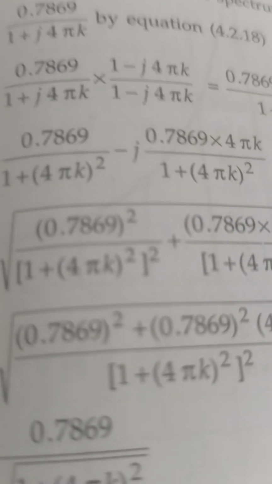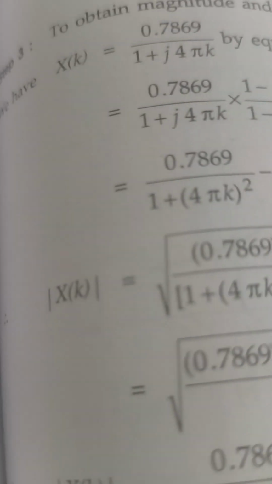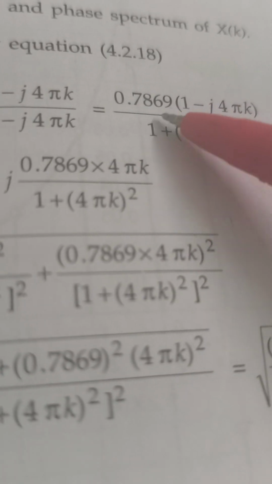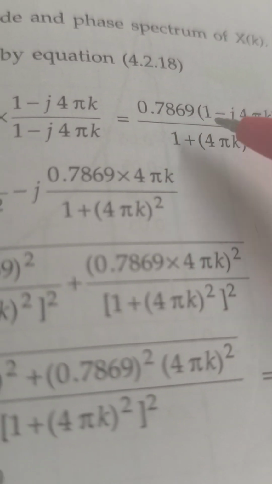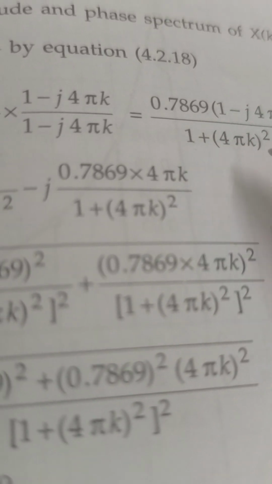In this equation, 0.7869 is multiplied by this, so we have this divided by 1 plus 4 pi k square.